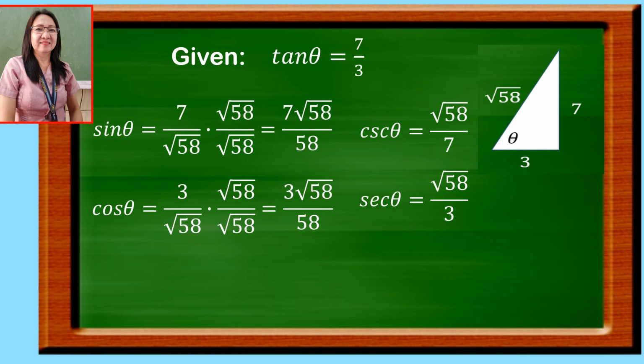So this is also the simplest form. And the reciprocal of tangent is the cotangent. So we have cotangent theta is equal to the adjacent, which is 3, over the opposite, which is 7. So cotangent theta is 3 over 7. Can you follow?